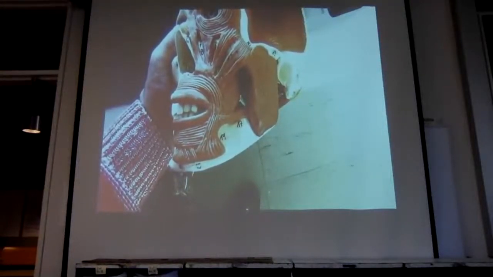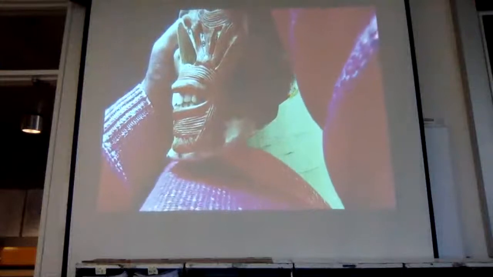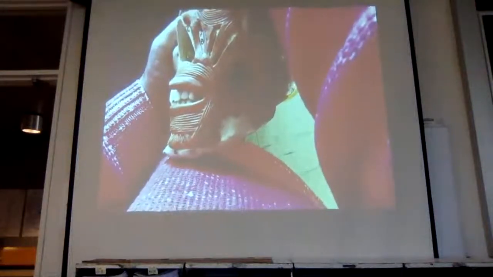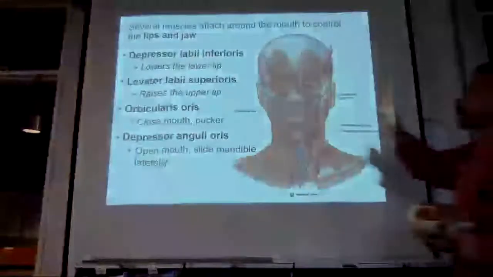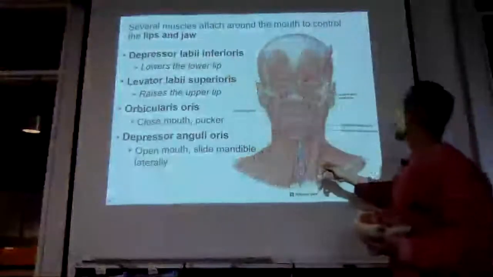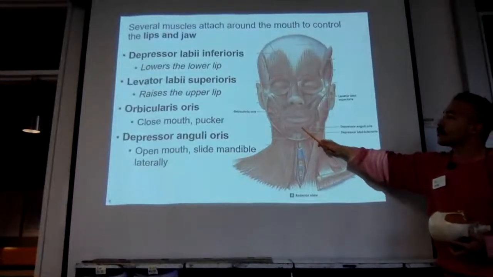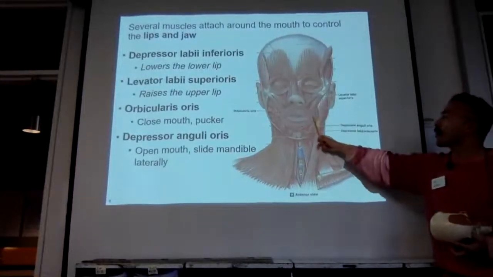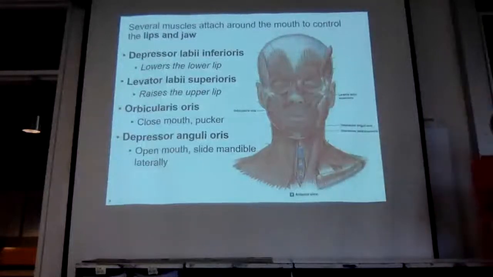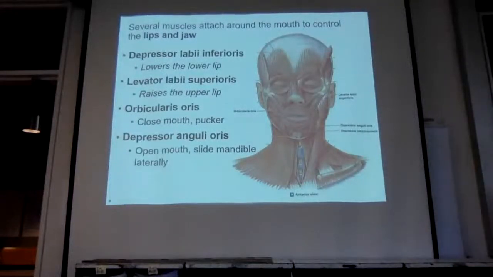Frowning, you probably, definitely depressor anguli, maybe a little bit of depressor labii inferioris, definitely anguli. So again, depressor labii inferioris, right here, lowering the lower lip. Depressor anguli oris brings the corner of your lip diagonally down.